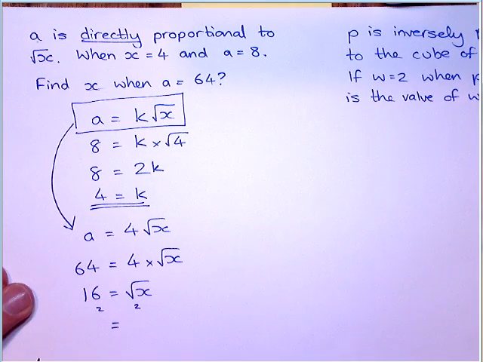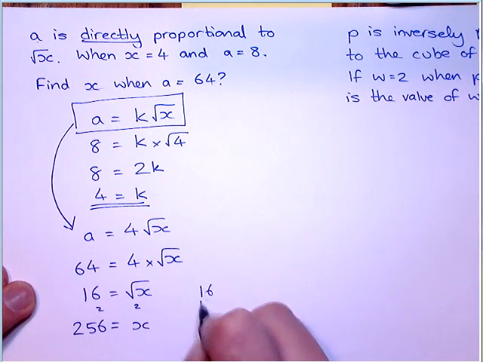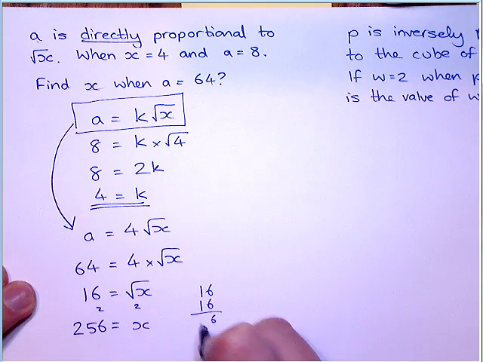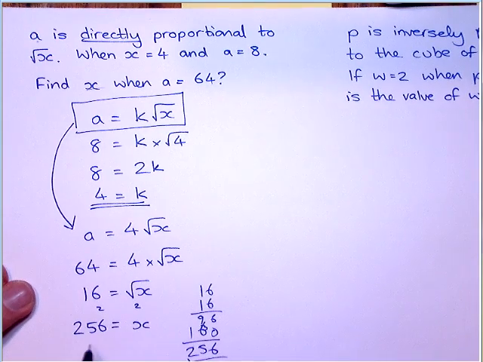Now 16 squared, I believe, is 256. Let me just check that very quickly. Yeah, I didn't trust my memory there. So x is actually 256, but a lot of people would put 4 for that one.